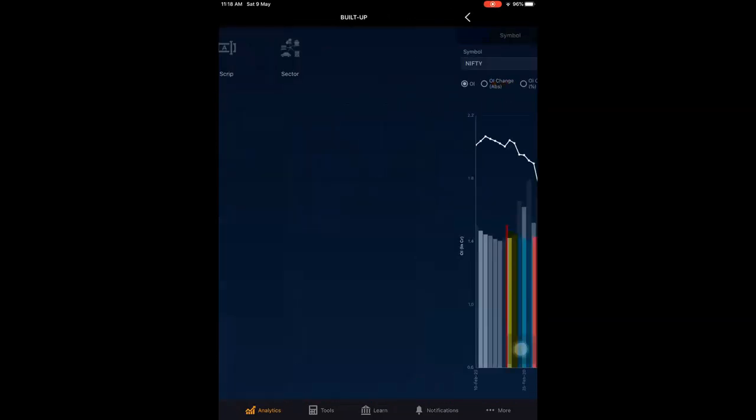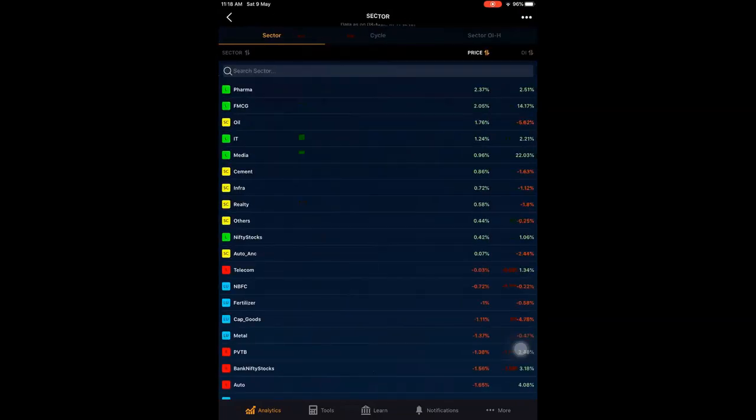So now we'll go to the sector. Okay, so the basic crux of the sector analysis is to do the top-down approach. Now we are scanning and reading how the sector is performing, and then we can pick up the stocks within the sector to know which are the trades on the long side or on the short side.